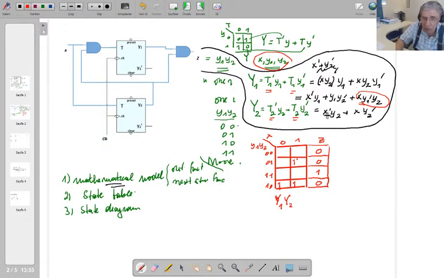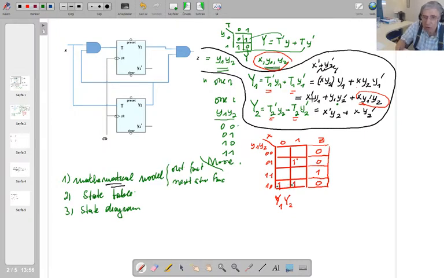What is left is going to be y1 1, y2 0, which is this. So if you consider these two ones, this is a first order subcube. Corresponding product term is this. So I'll make a mark on that. So this product term means this one and this one.